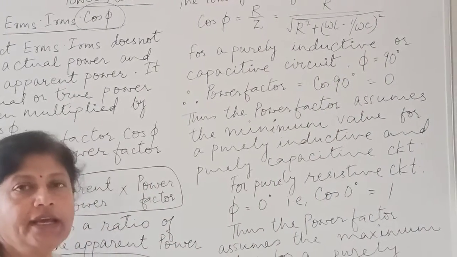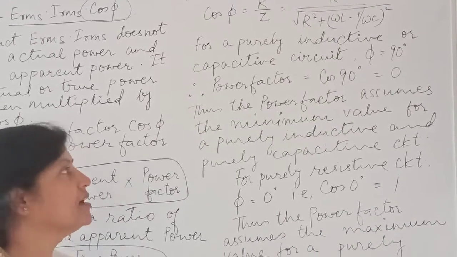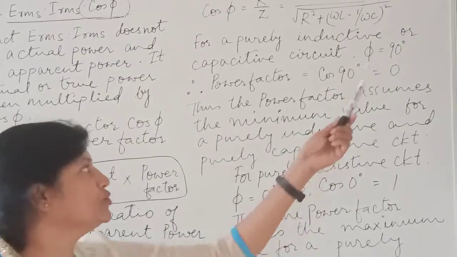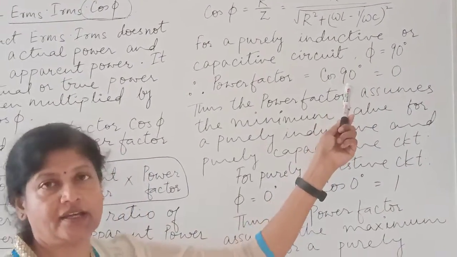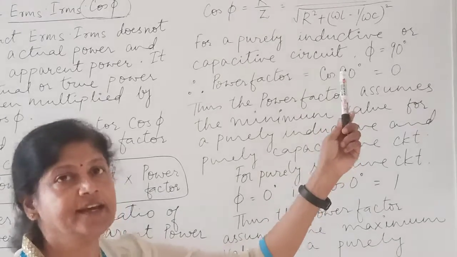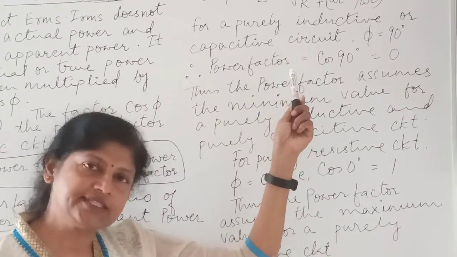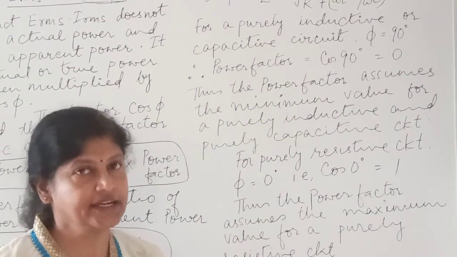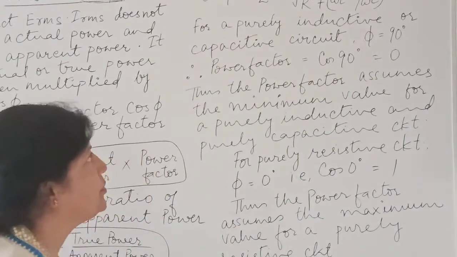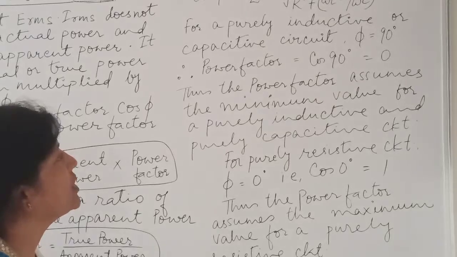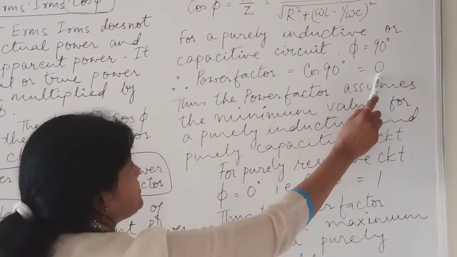For a purely inductive or capacitive circuit, φ is equal to 90 degree. So, power factor is equal to cos 90 degree, which is equal to 0. For a purely inductive or capacitive circuit, power factor is 0.